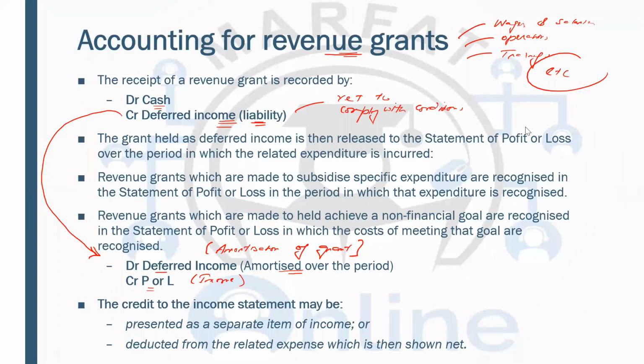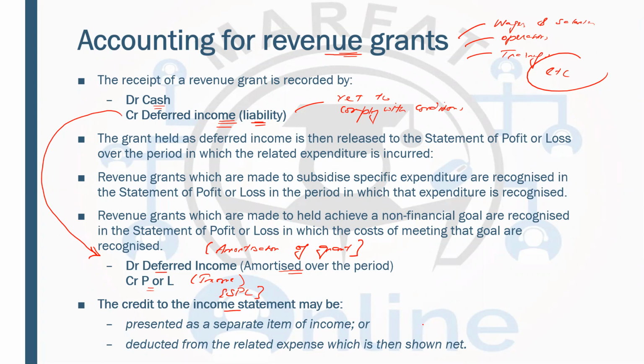Okay, now we'll be discussing the presentation of the revenue grant in the statement of profit or loss, the income statement, which is the obsolete name of the statement of profit or loss. In the statement of profit or loss, you have to record this revenue grant as an income.